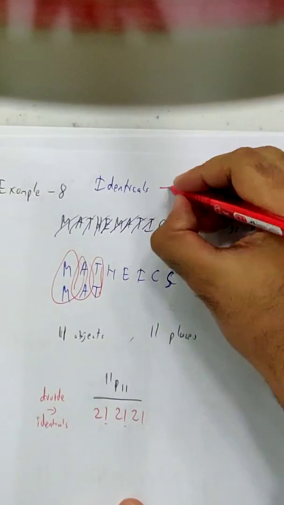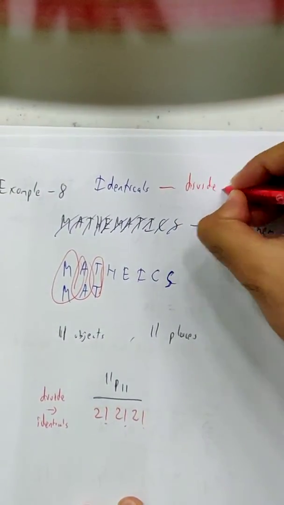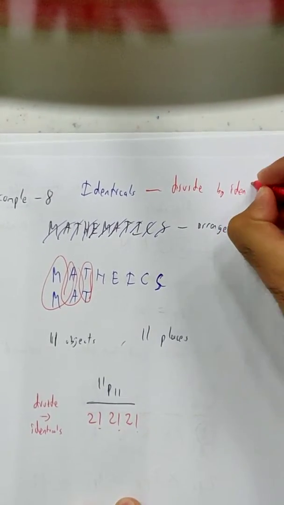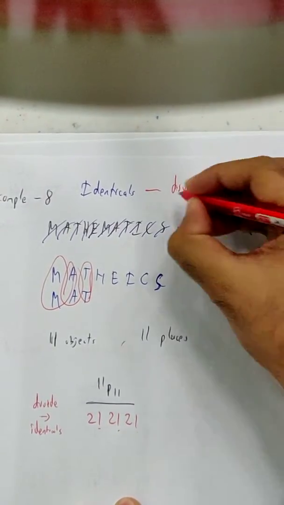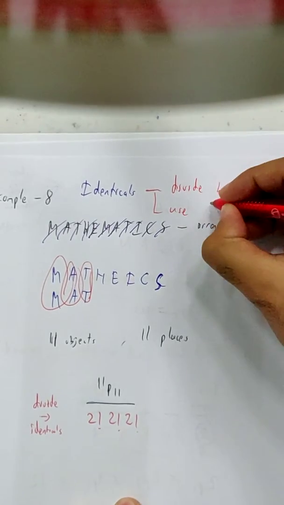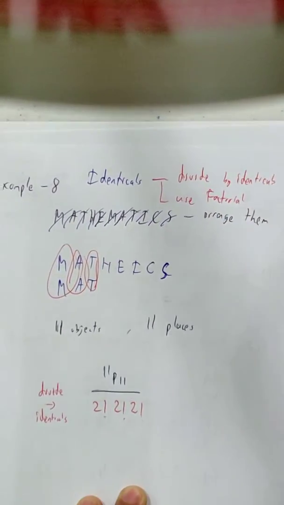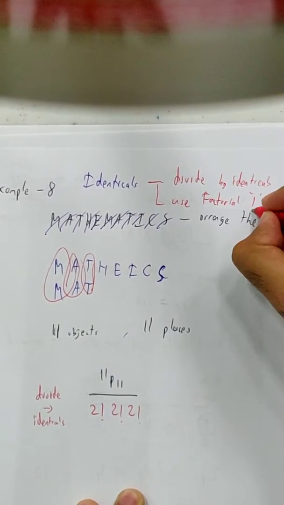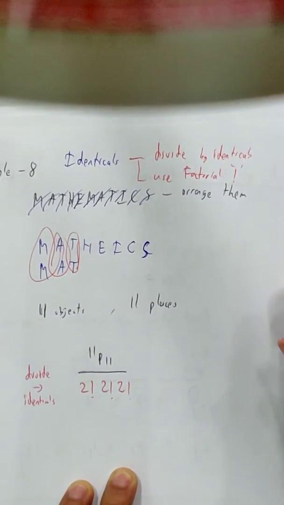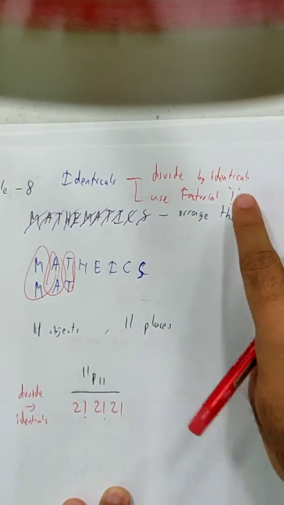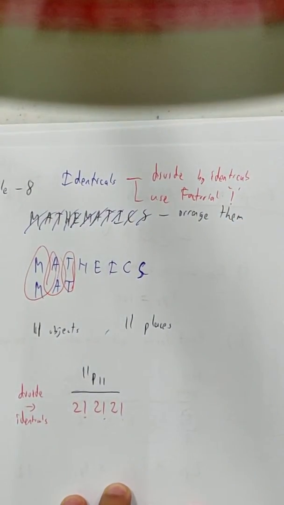So identicals, divide by identicals. Use factorial. You guys okay? When you got yourself this case, do that.